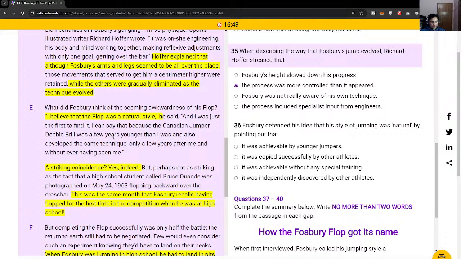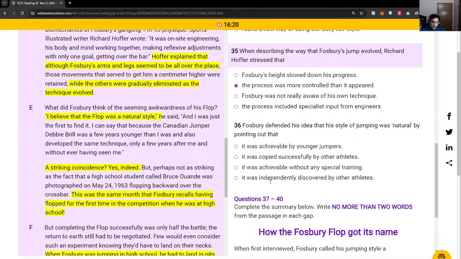Younger than I was, same technique. Only a few years after me without ever having seen me. A striking coincidence? Yes, indeed. Not as striking as the fact that a high school student called Bruce Owande was photographed on 24th May 1963 flopping backward over the crossbar. This was the same month that Fosbury recalls having flopped for the first time in the competition when he was at high school.